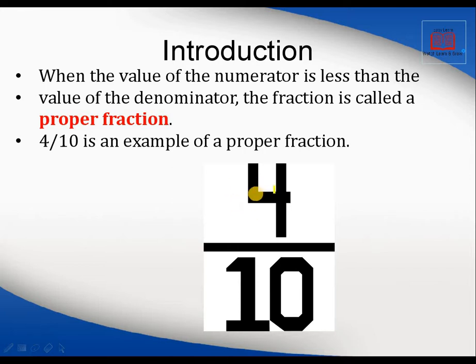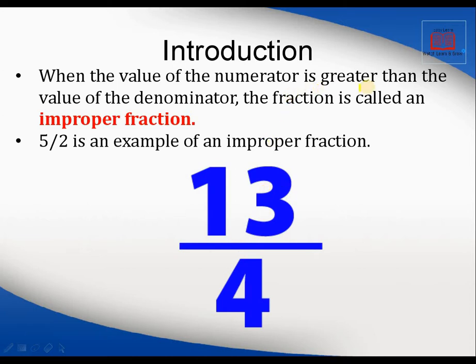But if the numerator goes above the denominator, that does not look like a practical case. That is an improper fraction. This is easy to remember as a hint. When the value of the numerator is less than the value of the denominator, the fraction is said to be a proper fraction, like the marks scenario. When the value of the numerator is greater than the value of the denominator, as you can see, a student cannot obtain 13 marks out of 4.